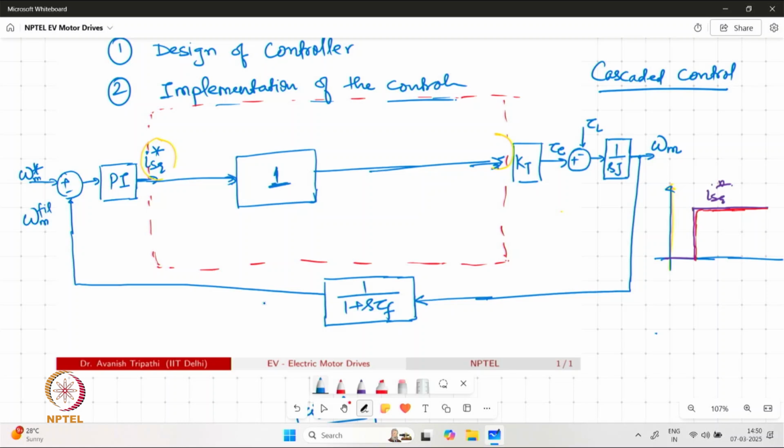However, yes, because the control cannot be instantaneous, we will have some delay, and instead of a unity gain block, we will have a first order gain block available over here.